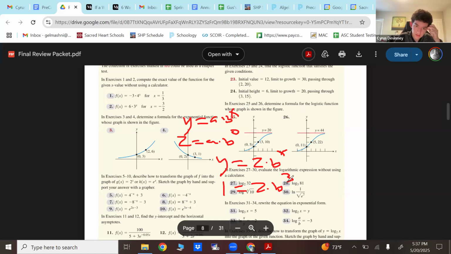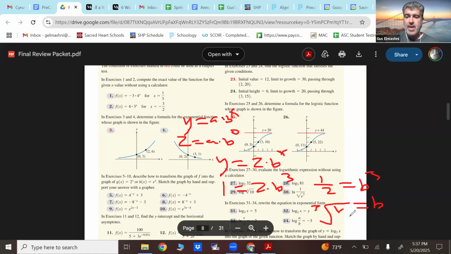Solve for b. Isn't it like 2 times cube root of 1? Cube root of 1/2, whatever that is. Yeah, it's going to be like that. Does that make sense?